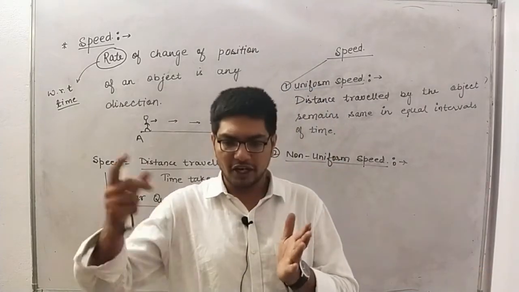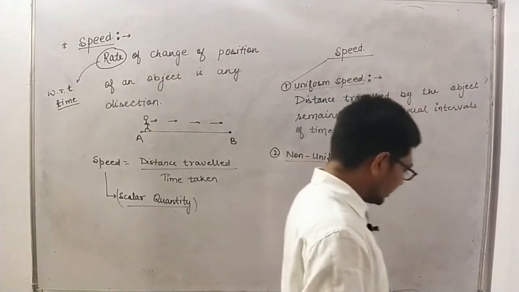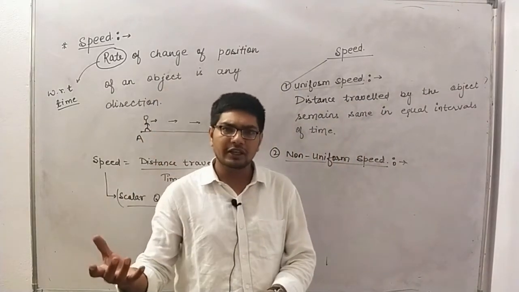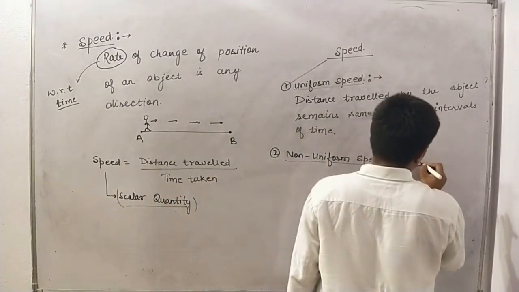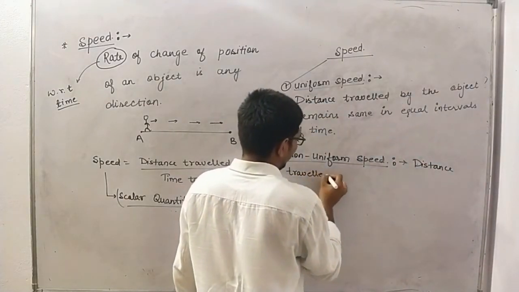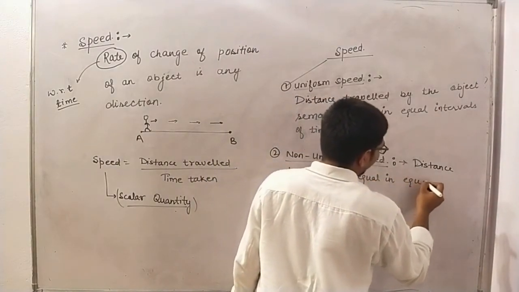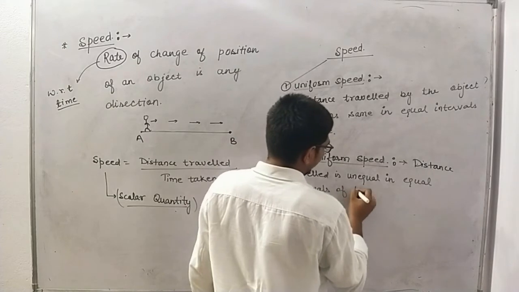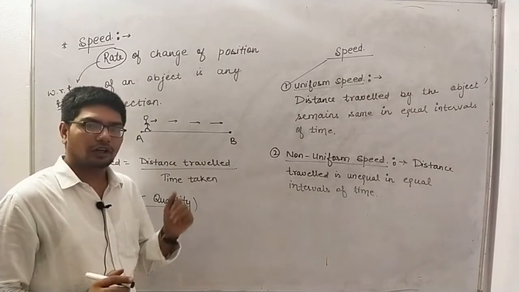For example, 4 kilometres in the first hour, 2 kilometres in the next hour, 6 kilometres in the next hour. So if the distance traveled by the object is unequal in equal intervals of time, then the speed is said to be non-uniform speed. That is non-uniform speed.